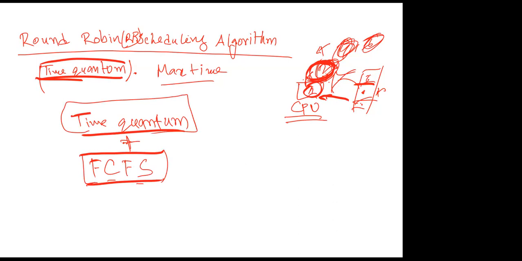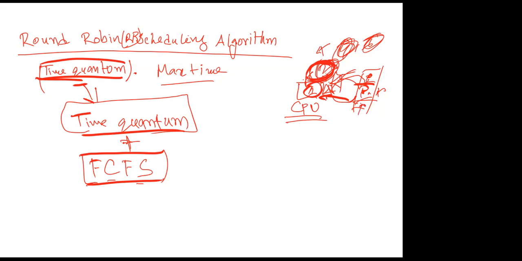Once the process is inside the RAM, it will be scheduled and will run till the allowable time quantum, and then if another process is available, it will be scheduled next, given the chance on the CPU, and it will execute till the allowable maximum time, the time quantum, and then again it will execute.